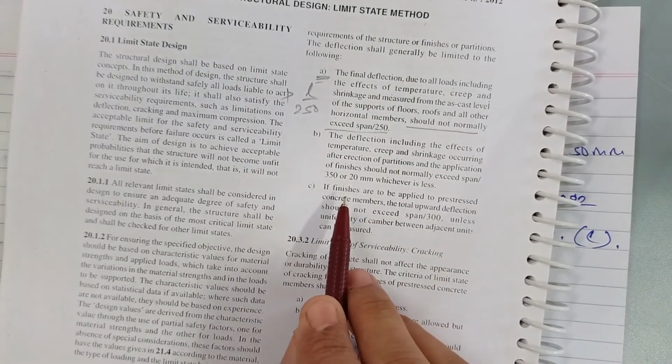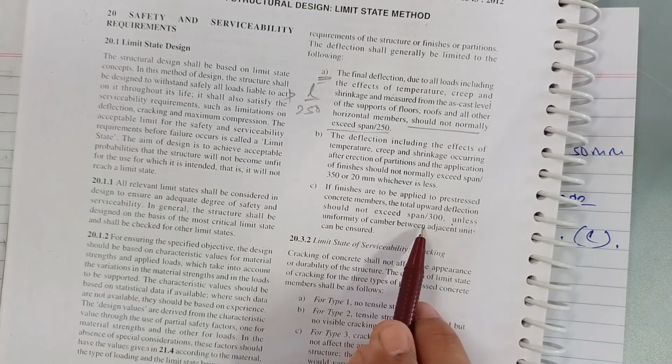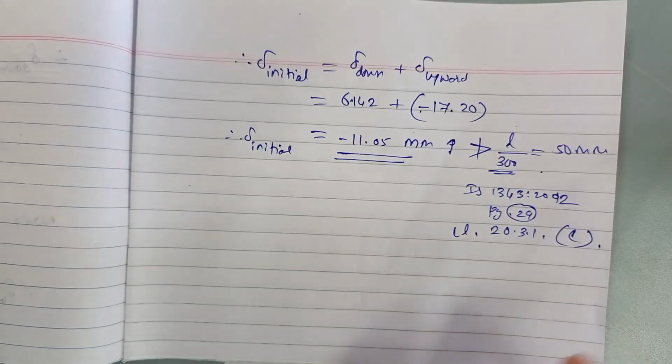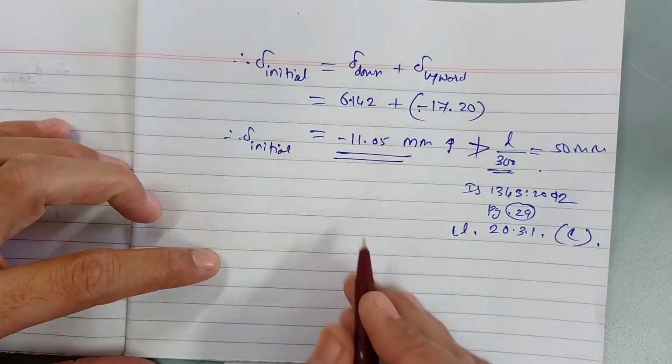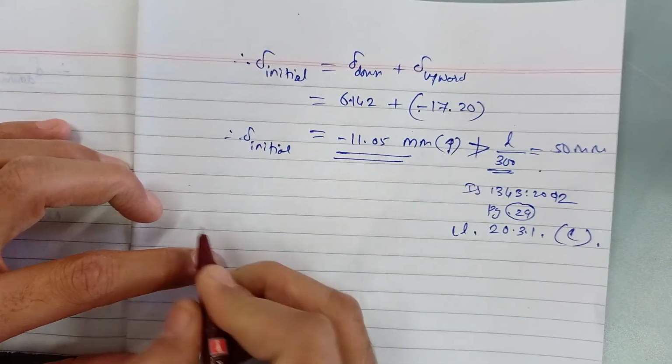Here it is: if finishes are to be applied to the prestressed concrete member, the total upward deflection should not exceed span by 300. In this way, we have determined the deflection at initial stage, which is in upward direction.